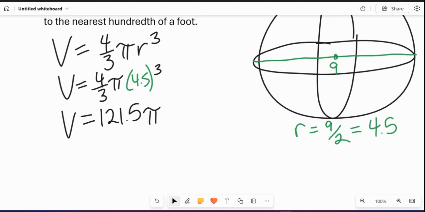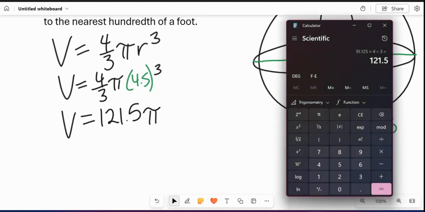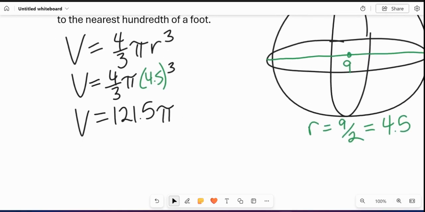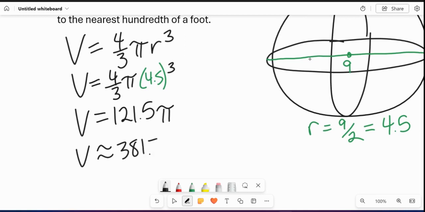Okay, now we're going to round it to the nearest hundredth. Leave that number in your calculator times pi. It is 381.703. That keeps the zero the same, so it is 381.70 feet cubed.